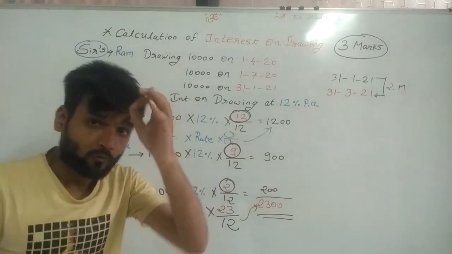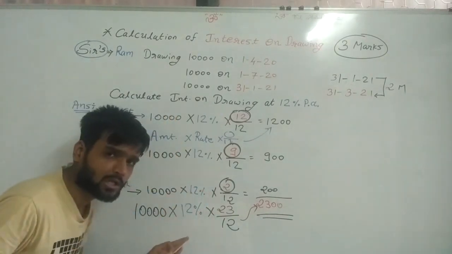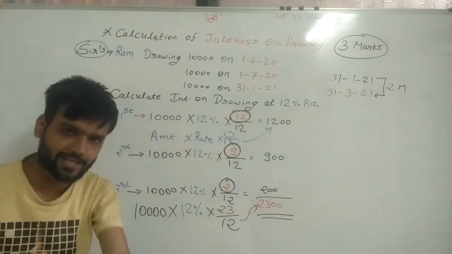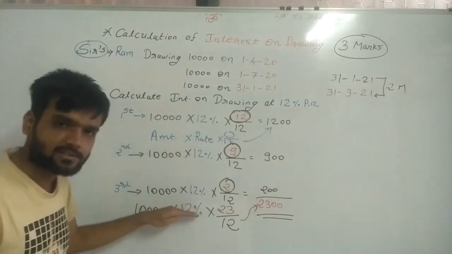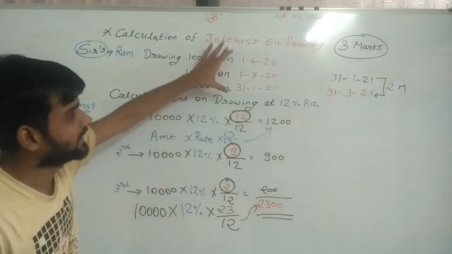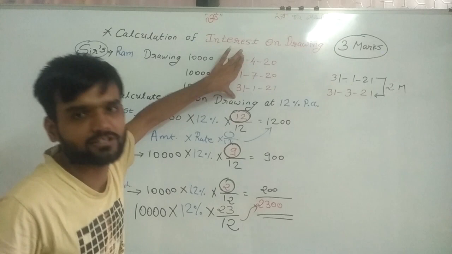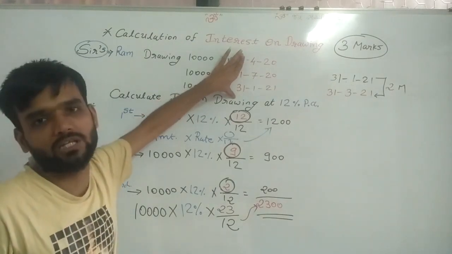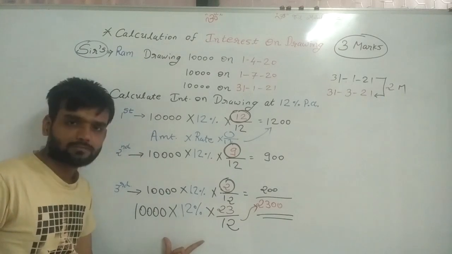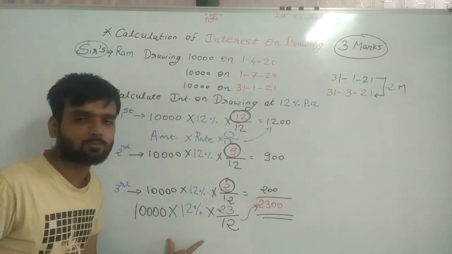So this method is possible whenever the amount of drawing is the same and the rate of interest is the same, and only the drawing date changes. Then, and only then, can we use this calculation directly. Otherwise it is not possible.